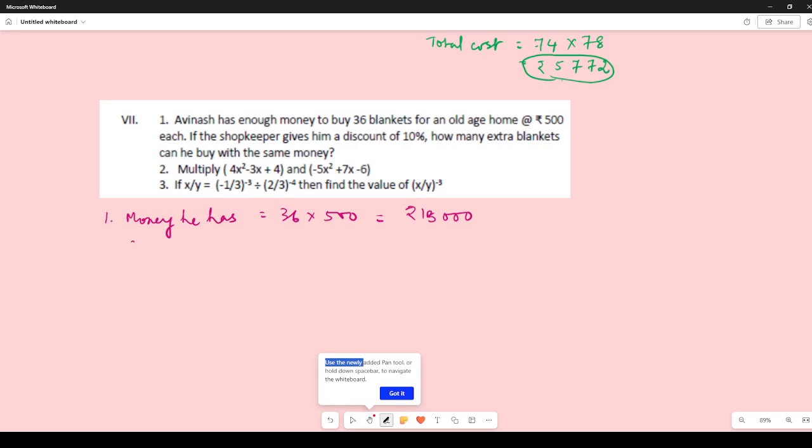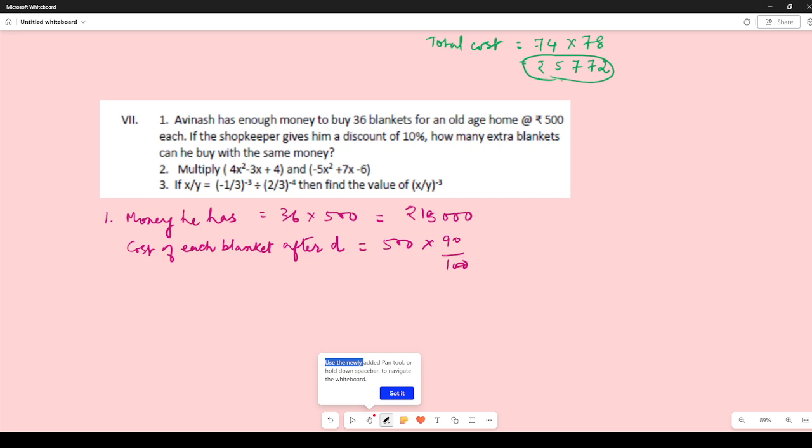So that means cost of each blanket. Now what is the cost of each blanket now? Cost of each blanket after discount becomes 500 into 90 by 100. Okay? He's giving a discount of 10% on each blanket.